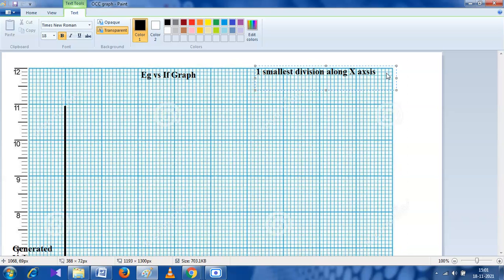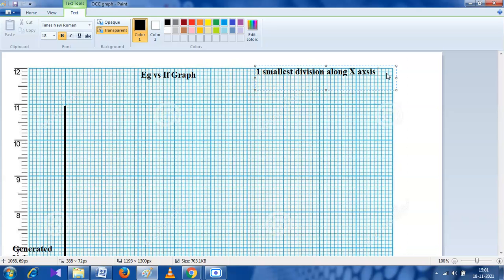So tell me what is the value of smallest division along x-axis? Tell me. 0, sir.